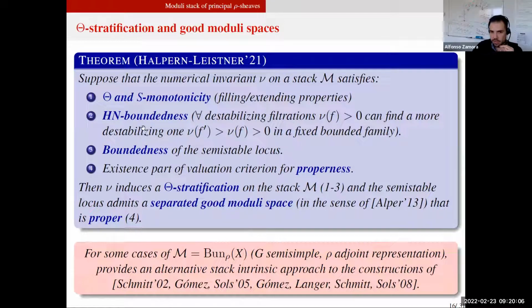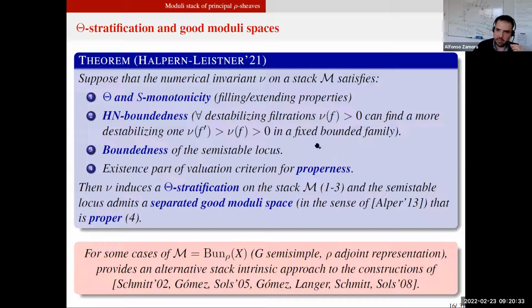The second property is called HN boundedness, and this is the following. Whenever I have an object which is unstable, it is because there exists a way of destabilizing that object. But there could be different ways of destabilizing an object. It happens that for every destabilizing filtration, given a positive value of this numerical invariant, we can find a more destabilizing one, so giving an even greater value, but in a fixed bounded family.